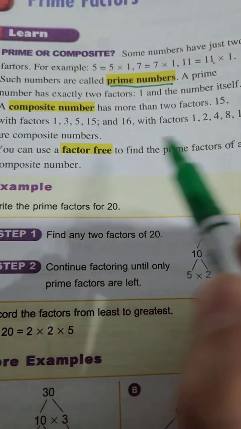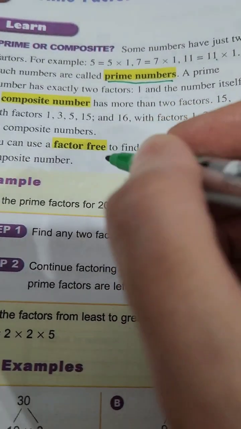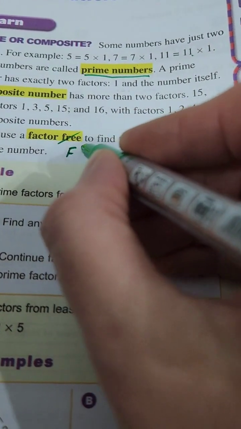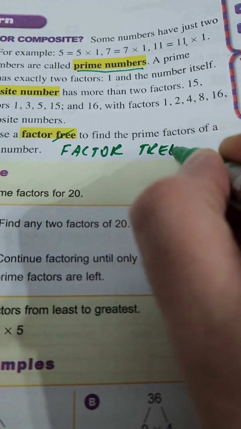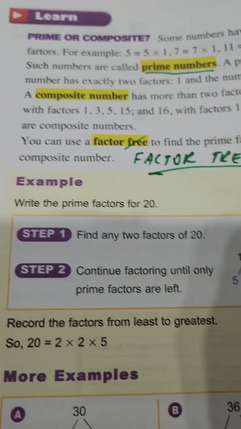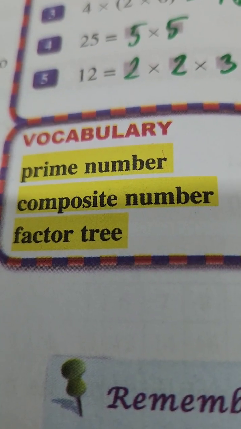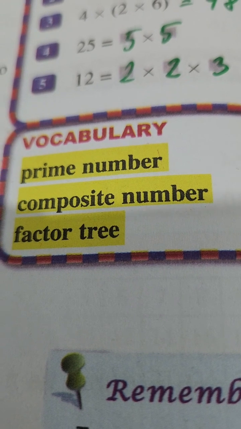So, and now what is a factor 3? As you can see, here is factor 3. And I will show you how you will do this factor 3. So our vocabulary, we must know what is prime number, what is composite number, and what is factor 3.